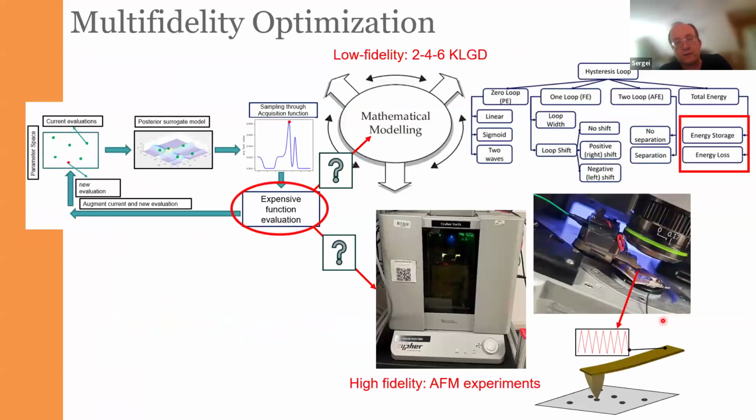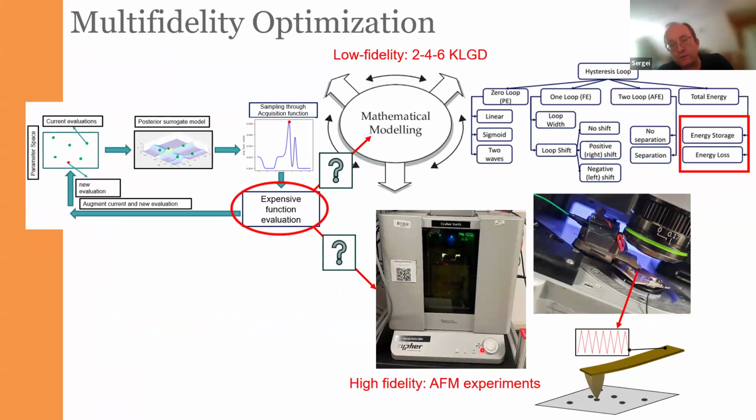Very practical question. Another example is that when we run the AFM experiment, where the AFM experiment is expensive, can we use computations in order to help us figure out where on the combinatorial library we can look?